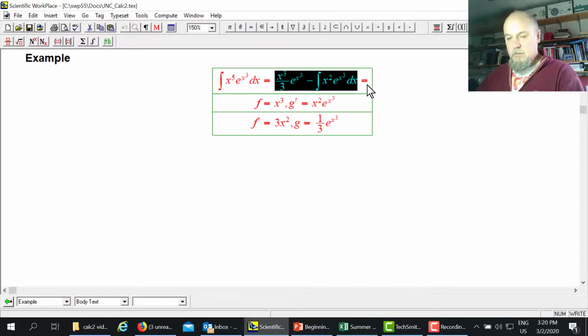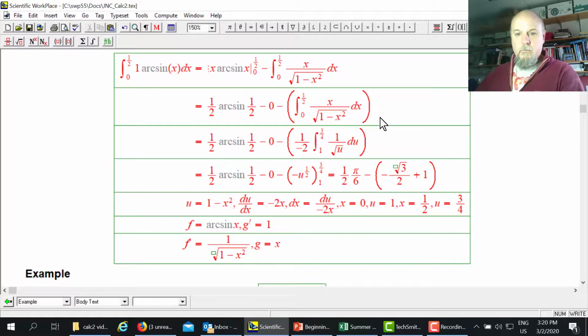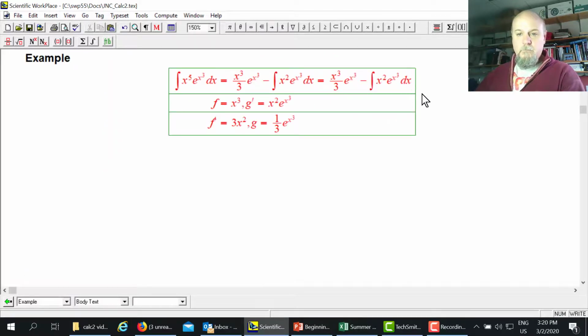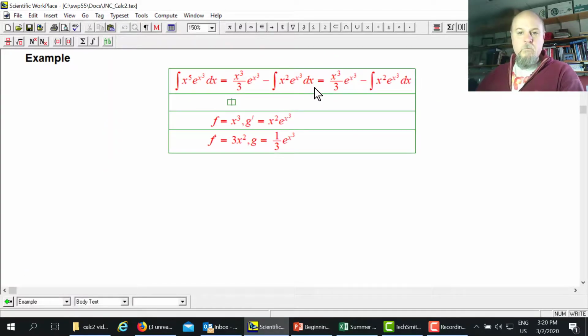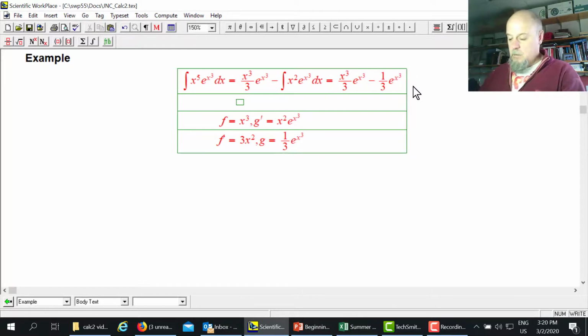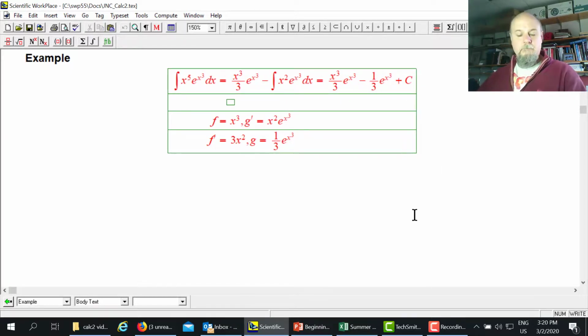Let's finish this. Integrating x squared e to the x cubed is 1/3 e to the x cubed. Done. No plus c. Done.